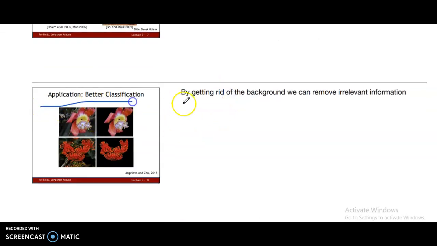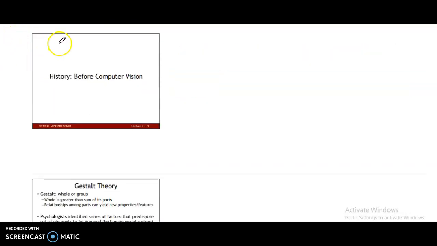Application: better classification. By getting rid of the background, we can remove irrelevant information.